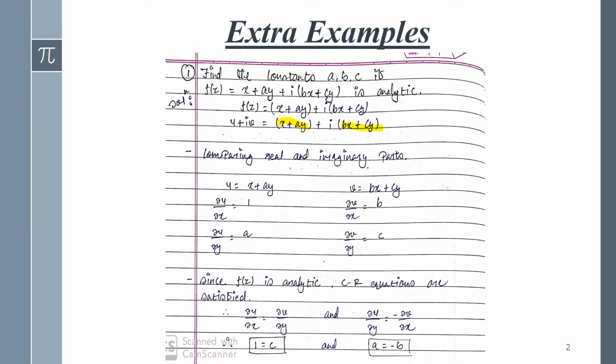And so from these both equations you can find u and v with respect to x and y, because see guys, why are we doing all these procedures? Because we have to find the constants a, b, c if f of z is analytic.